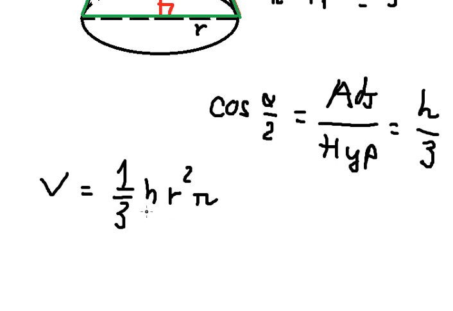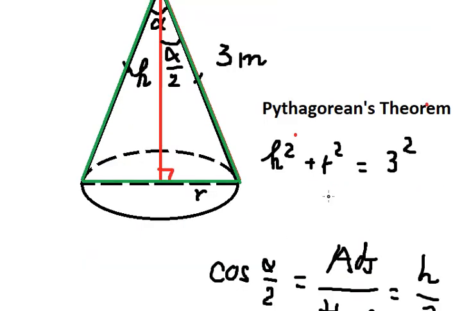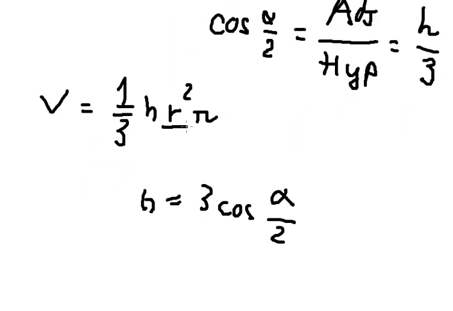And now we need to convert H and R squared in terms of alpha over 2, or maybe cosine of alpha over 2. So about H, we put number 3 to the left. So H equals 3 cosine alpha over 2. The next one, we have R squared.